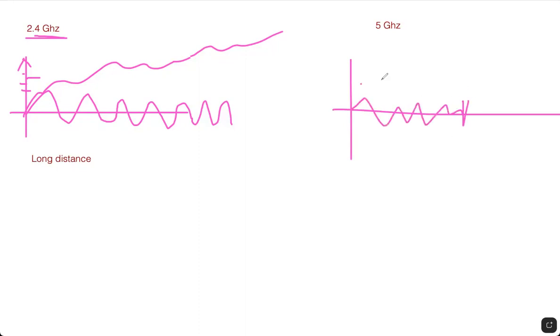It cannot go longer like 2.4, but here the speed of the signal is higher. Lower speed of the signal for 2.4: long distance. Here, short distance, but faster speed.